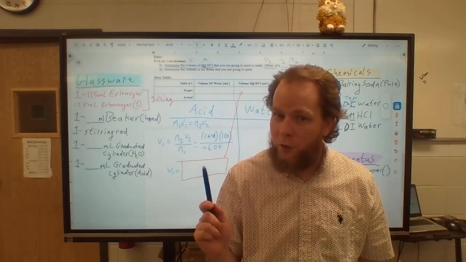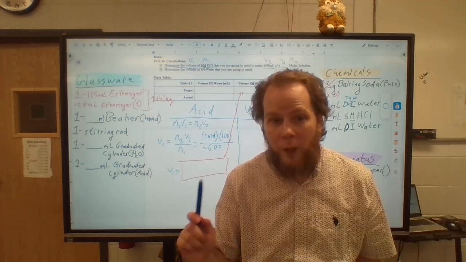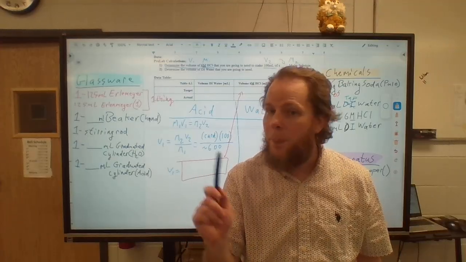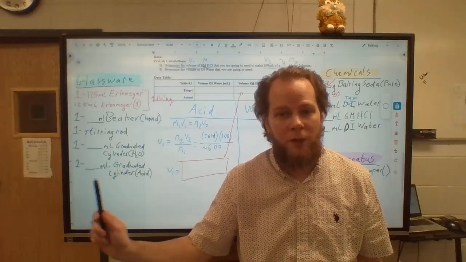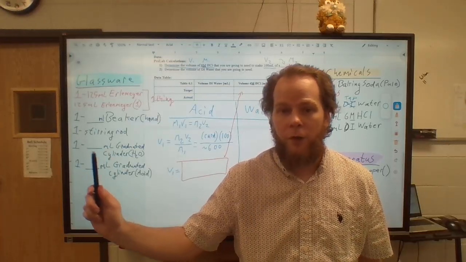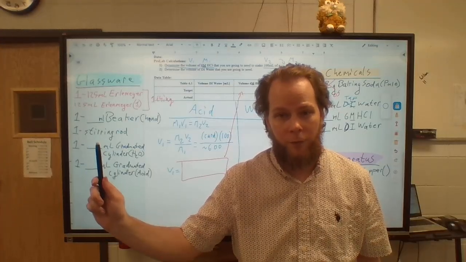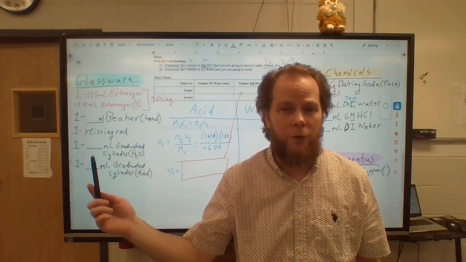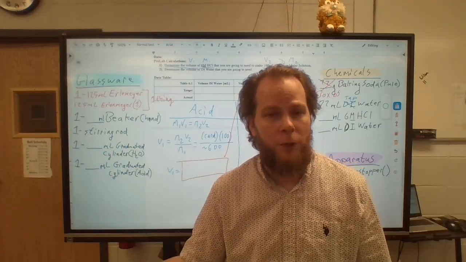You could use a 25 mil grad cell and do it twice. Get approximately 25 once, and then the balance, or whatever is left, the second time. Then you could use a 25 mil here and get more precise data than if you just use the 100. And the same goes in reverse. If this only needs to be 35 milliliters, you don't necessarily have to use a 100 mil grad cell.